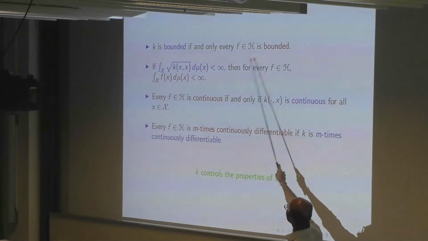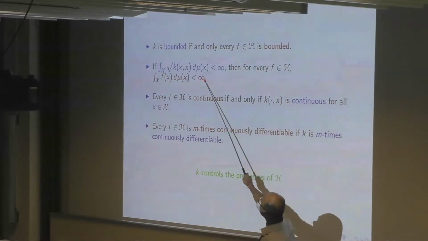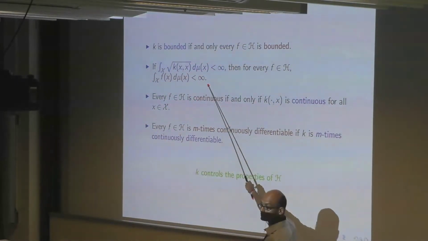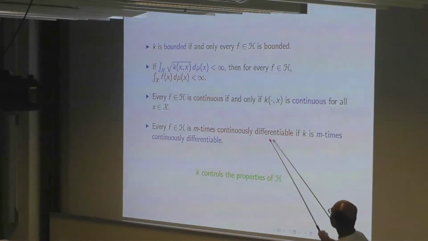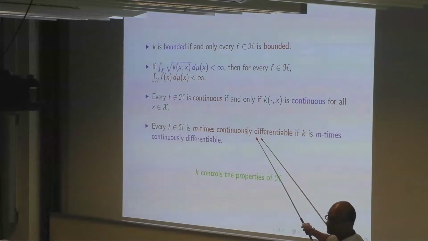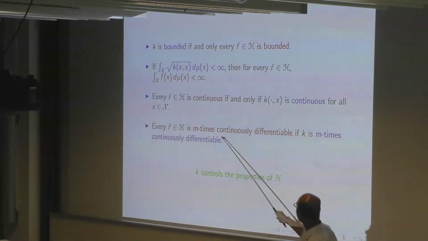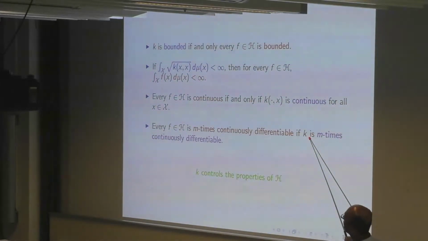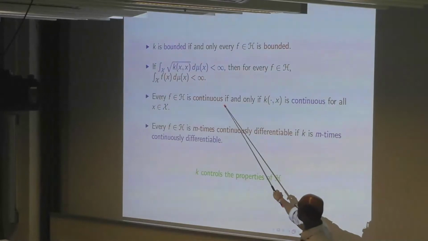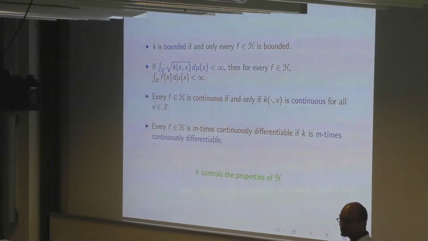Every function in the space is bounded if and only if the kernel is bounded. Okay. If the kernel is integrable, every function in the space is integrable. If the kernel is differentiable, every function in the space is differentiable. The order of differentiability of functions in the space is controlled by the order of differentiability of the kernel. Okay. Every function in the space is continuous if and only if k(., x) is continuous for all x.